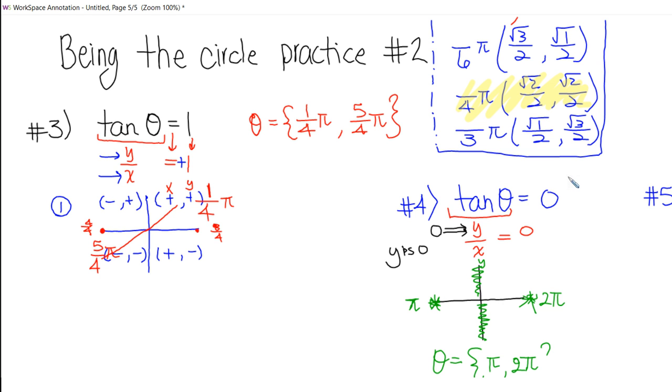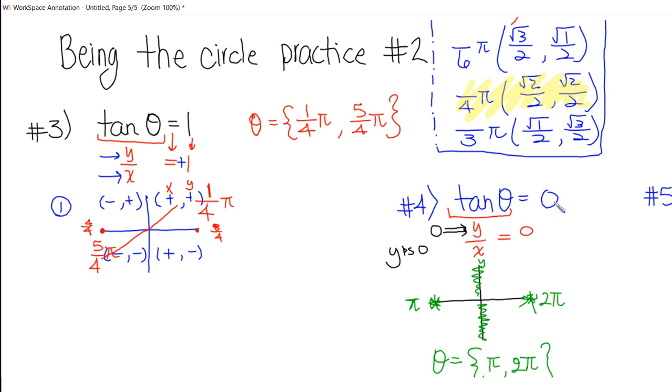Likewise on number 5, tangent is still y over x. However, this time my fraction is undefined. We made it clear in class that a fraction is undefined because you can't divide anything by 0. Therefore, this time my x has to be 0. Let's use the same analogy.